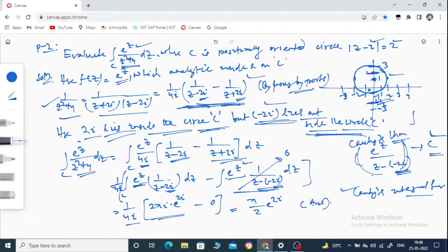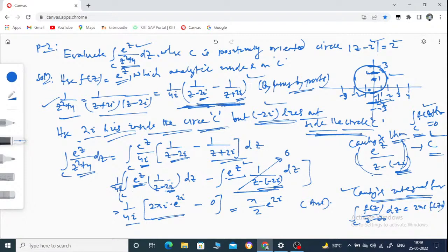Cauchy's theorem says integration over C of f of z dz is equal to 0 if f of z is analytic inside and on C. And what does Cauchy's integral formula say? Integration over C of f of z divided by z minus z naught dz is equal to 2 pi i into f of z naught.